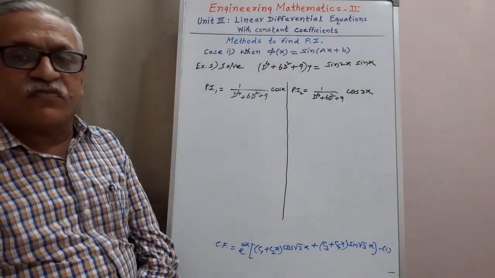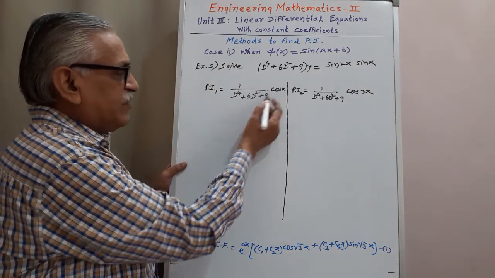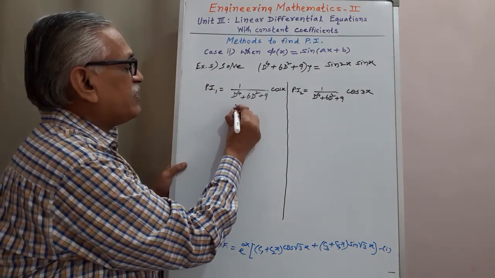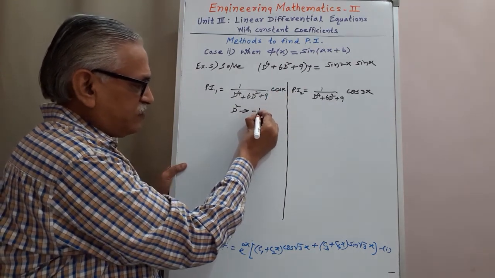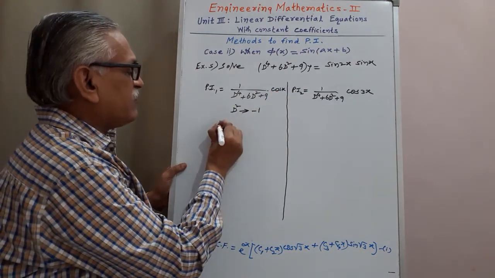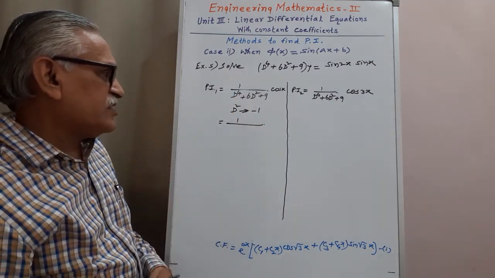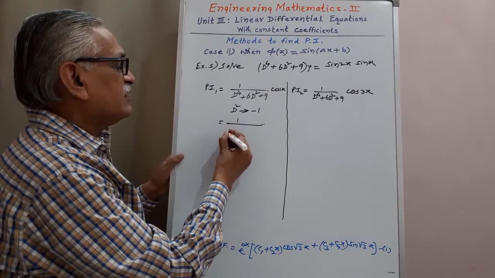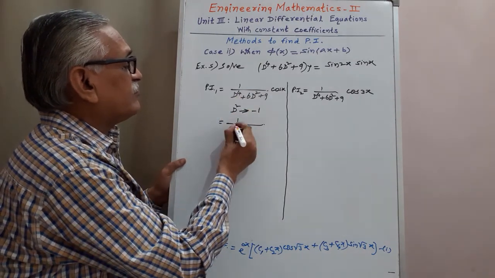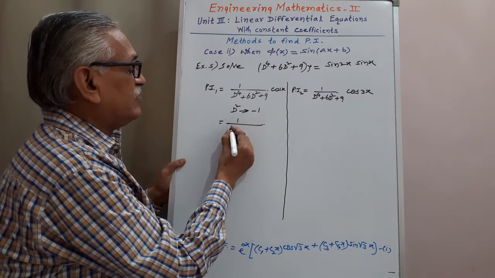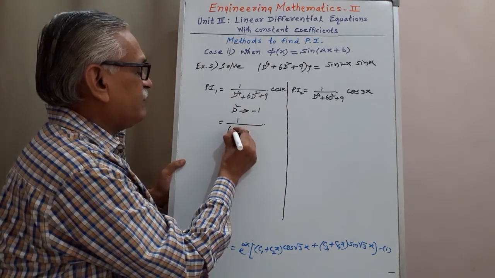We require to find PI1 and PI2. Replacing D square by minus a square, a is here 1, therefore 1 square. We get 1 upon D raised to 4 plus 6D square plus 9, first of all I will write in perfect square form.